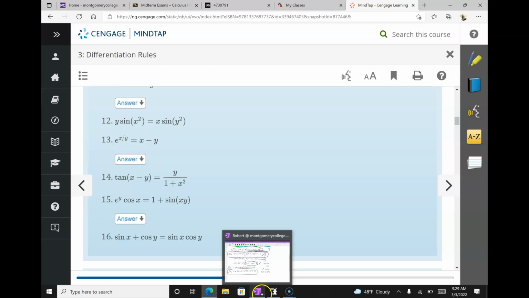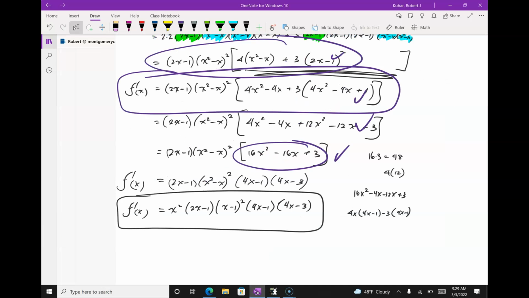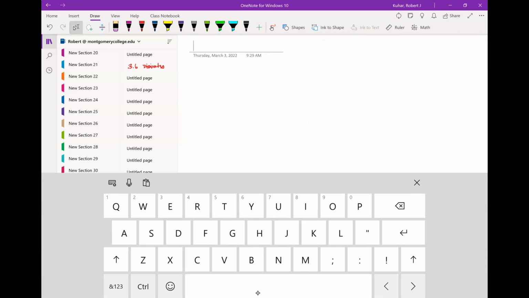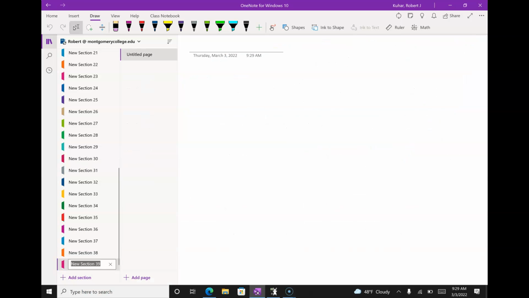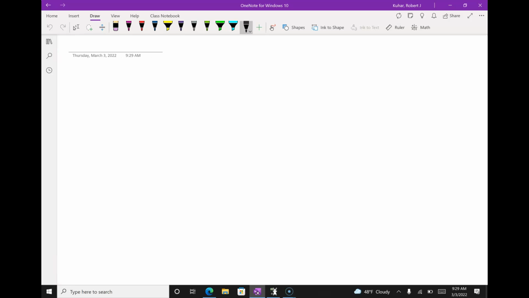So e to the x over y equals x minus y. So this is 3.5, number 13. E to the x over y equals x minus y. So I can't solve for y here, right?